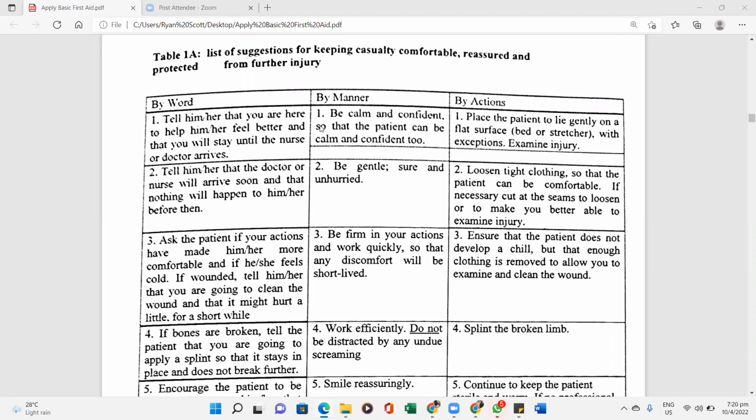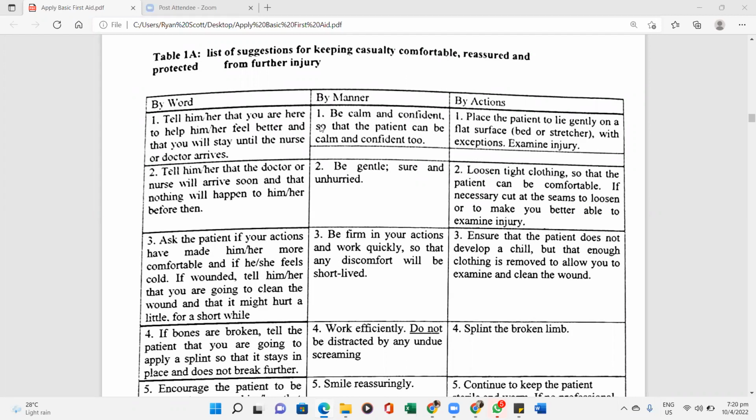So by word, you tell him or her that you are here to help him or her feel better and that you will stay until the nurse or doctor arrive. Second thing that you can do, tell him or her that the doctor or nurse will arrive soon, right? And that nothing will happen to him or her, right?